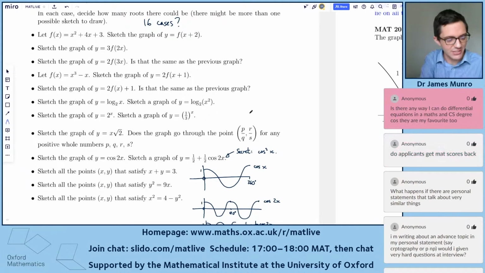Can I do differential equations in a maths and CS degree? You can go to the lectures technically. Like I said before, you can go to the lectures if you want to. I don't think you can get that to count towards your maths and CS degree. And we're talking about the advanced, like the next thing that's coming up in differential equations. So even if they're your favourite at the moment, you might find the more advanced stuff might be a bit less like the sorts of maths that you're interested in anyway.